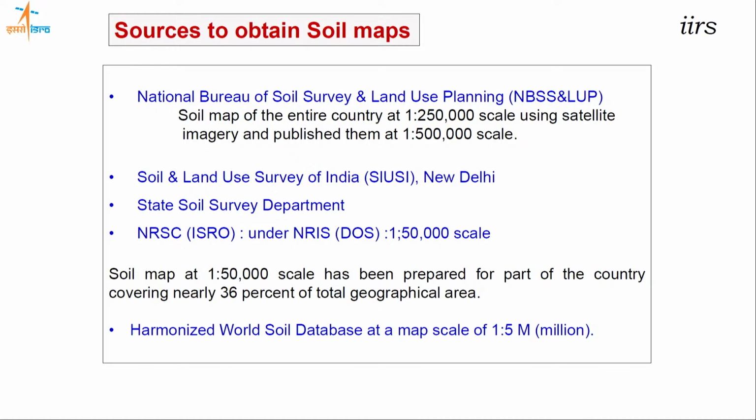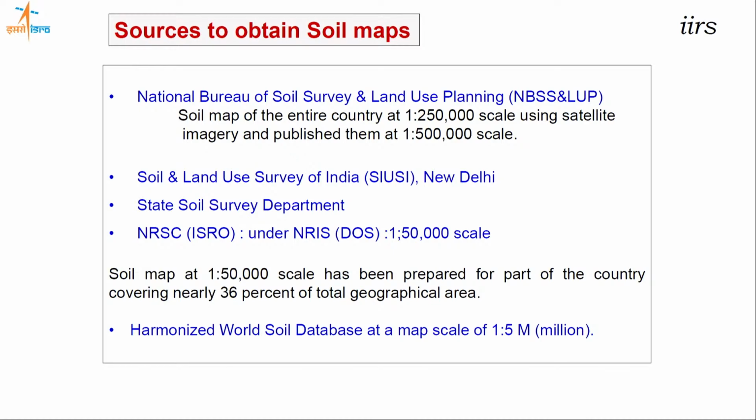The topmost is the National Bureau of Soil Survey and Land Use Planning, whose headquarters is located at Nagpur, and this is an organization working under ICAR. It provides the soil map of the entire country at 1 to 250,000 scale. It was prepared using satellite data, and the map was published at 1 to 500,000 scale.